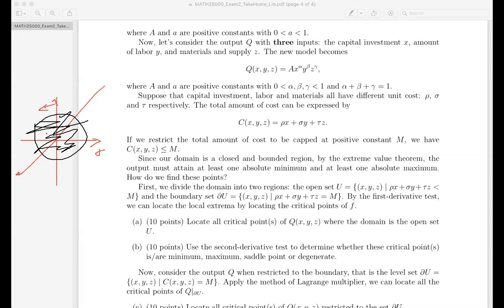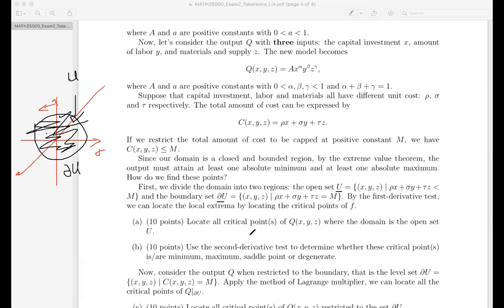So the boundary would be the surface around this solid. And then we denote it as the boundary of the solid. And inside is the open set, U. So we divide it into 2 regions, the surface, which is the boundary, and the interior, the open set.